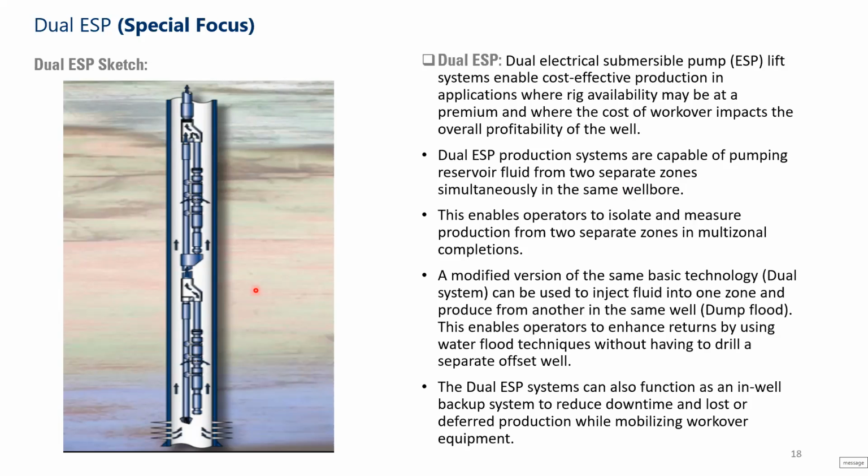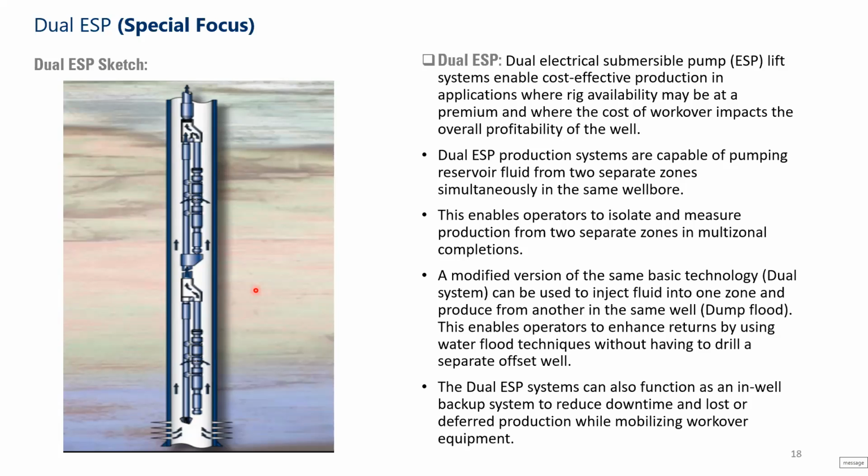This enables the operator to isolate and measure production from two separate zones in these multi-zonal completions. So it gives you the flexibility. It gives you the option to test each zone separately, compare the parameters and readings with each other, and it gives you in-depth knowledge of how these two reservoirs are behaving. So this is one advantage of the dual ESP system.